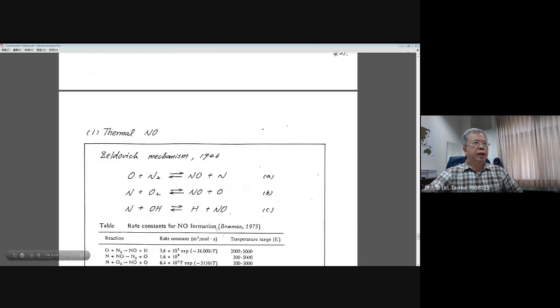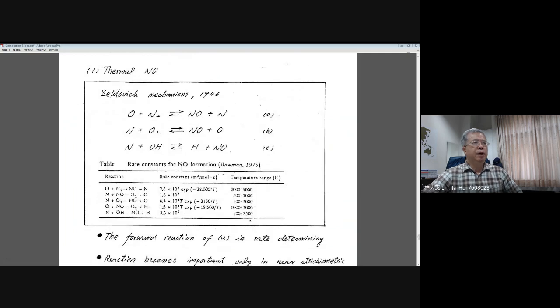Now let's look at the thermal NO first. Since thermal NO depends strongly on high temperature, from the Zeldovich studies, they proposed the Zeldovich mechanism in 1946. They tell you there are three chemical reactions, including forward and backward reactions, that need to be considered as shown in this chart.